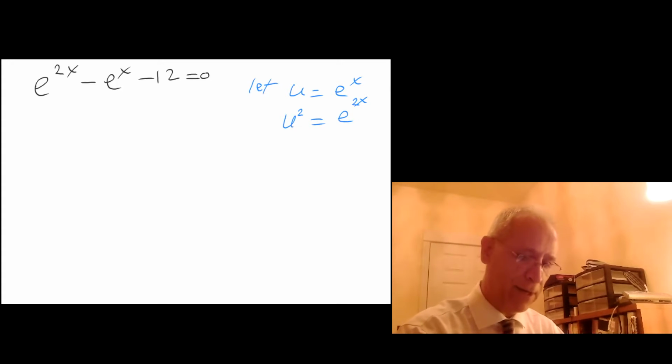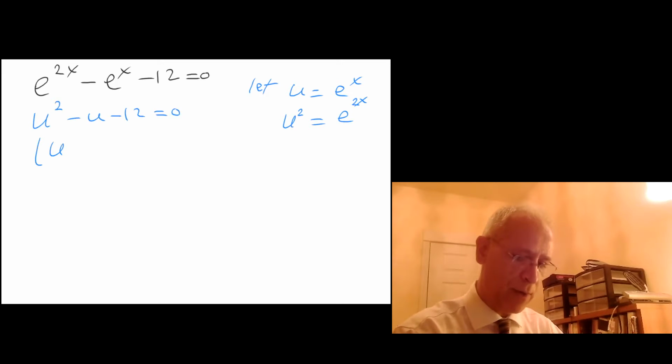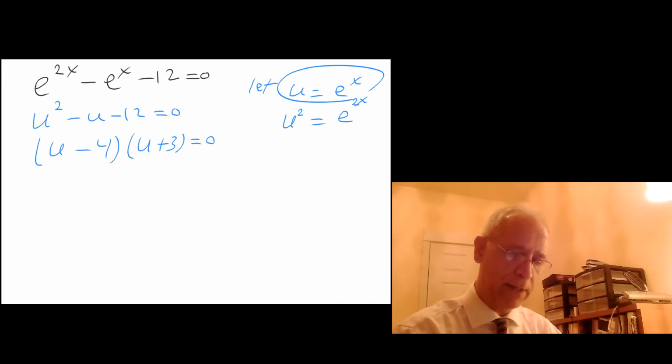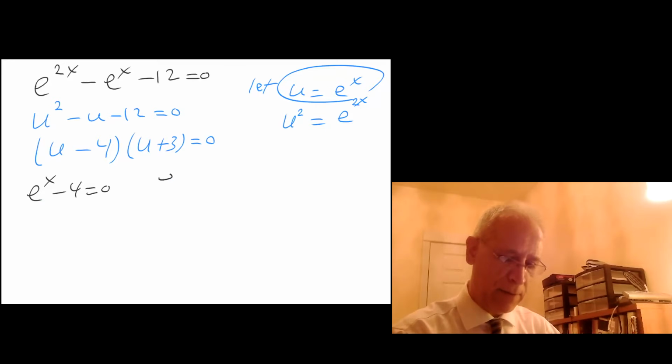And so now we can rewrite this as u squared minus u minus 12 equals 0, so u minus 4, u plus 3 equals 0. And remember, u is e to the x. So e to the x minus 4 equals 0, and e to the x plus 3 equals 0.